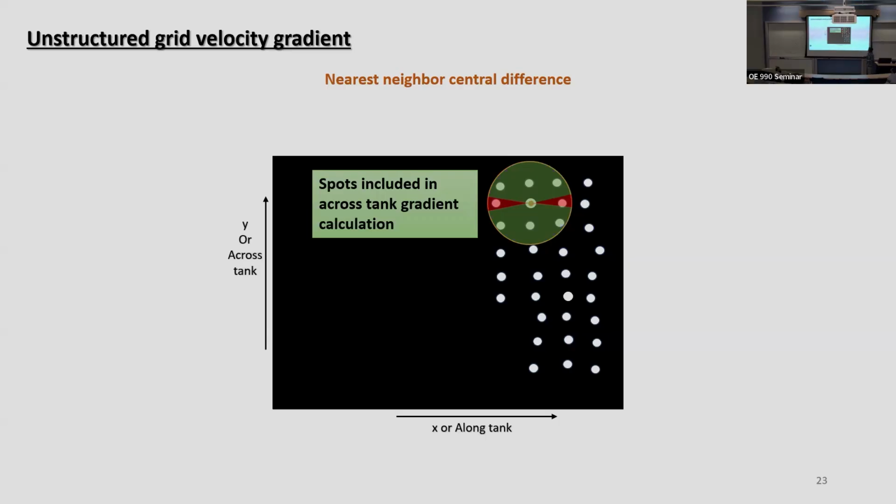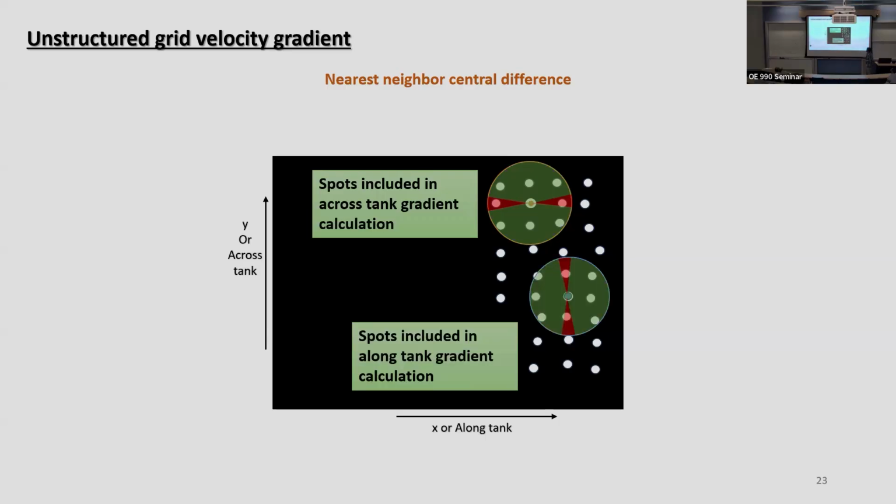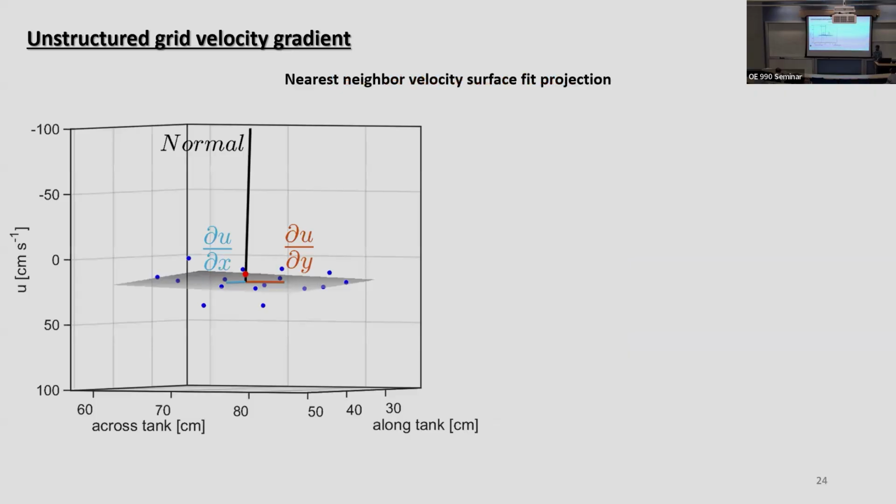Spots included in the cross-time gradient might be off. But if you take the difference between the velocities and calculate it, this did not work out well. This canceled off some of our measurement values. So we moved on to a different method of estimating surface velocity gradient from an unstructured grid.